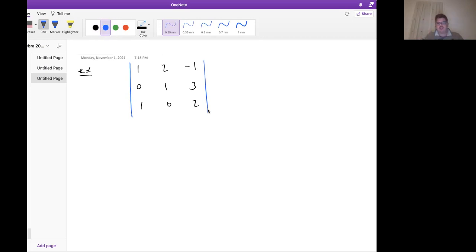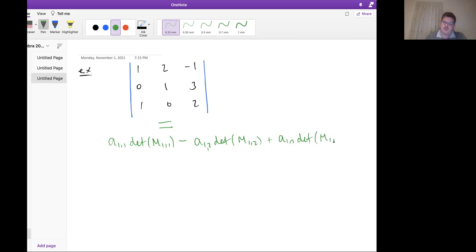A matrix is usually either a square bracket or a parenthetical bracket, while the determinant is usually two straight lines, kind of like absolute value. So the determinant is A11 determinant of M11, then minus A12 determinant of M12, and then plus A13 determinant of M13.